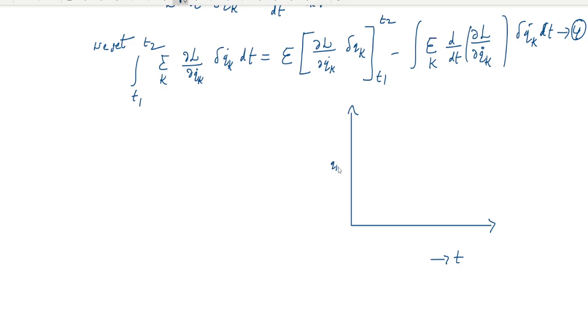Suppose qk at the time t1, the system is here. At time t2, the system is here. These are our two systems. So this is our situation. This is point A. This is point B.